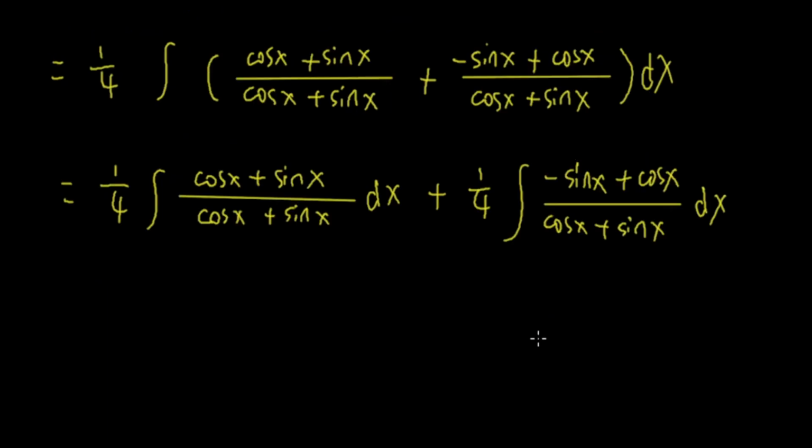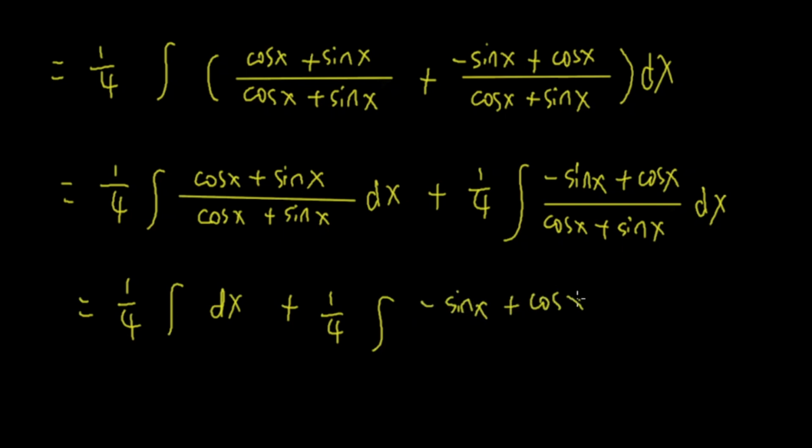Now, this is just equal to 1. So that is equal to 1 over 4 integral of 1 times dx, which is dx, plus 1 over 4 integral of this, negative sine x plus cosine x, all divided by cosine x plus sine x dx.